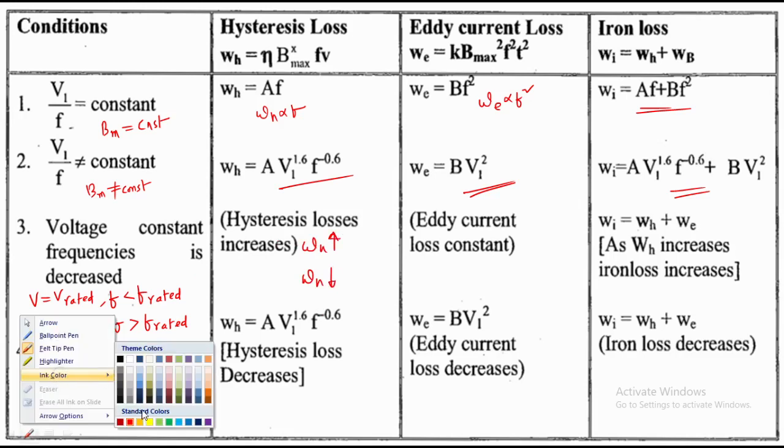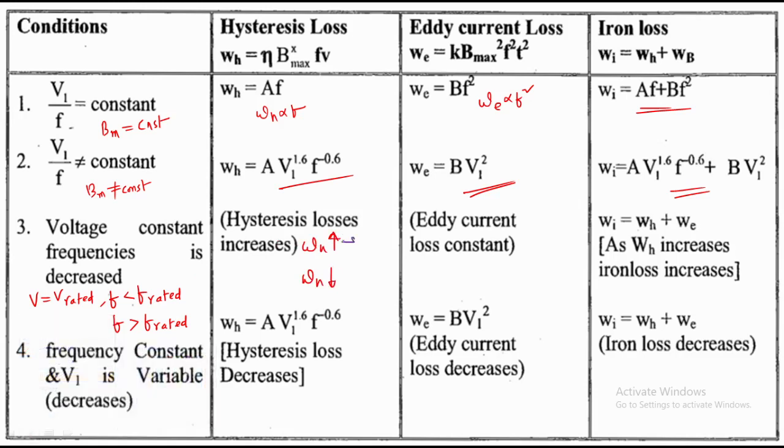When F is more than F rated, hysteresis loss decreases. What about eddy current loss? This eddy current loss is proportional to V1 square only. This is a very important case. Already we had a discussion regarding this, right? But coming to the summation of these two.